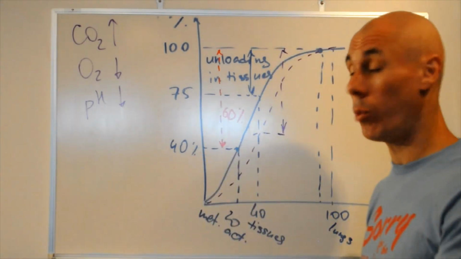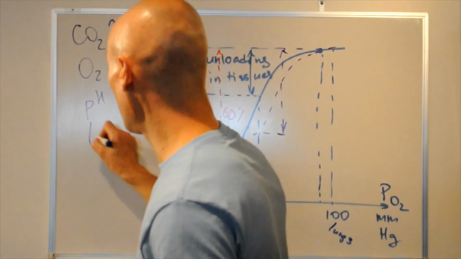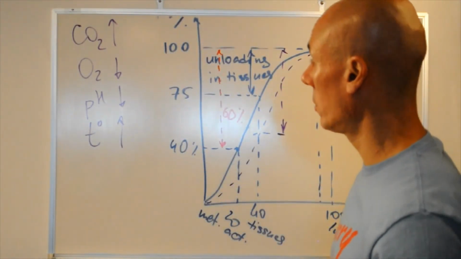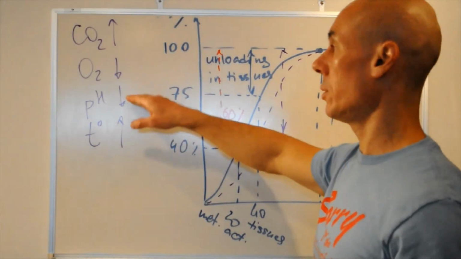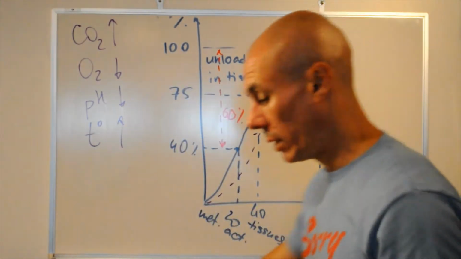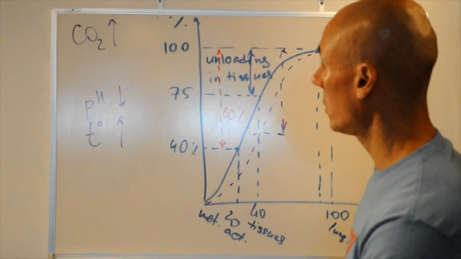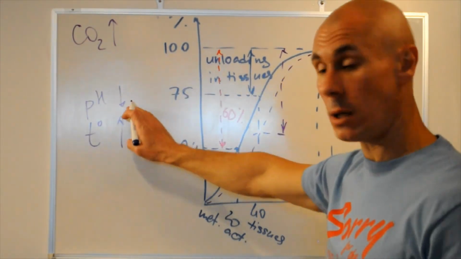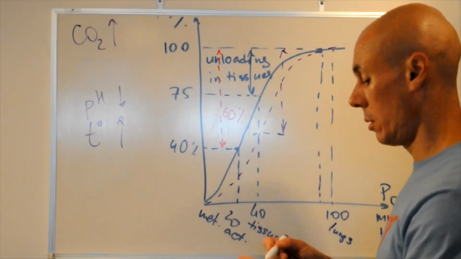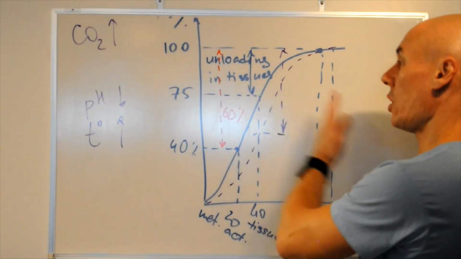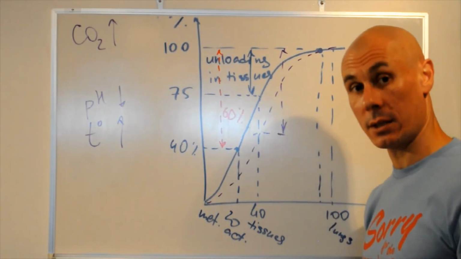Oh yeah, and metabolically active tissue also has increased temperature. So increased CO2, decreased pH, increased temperature, they all increase unloading, they're all shifting the curve to the right.